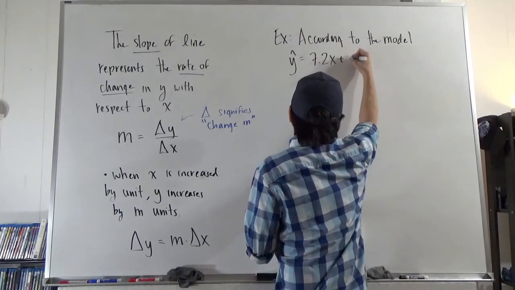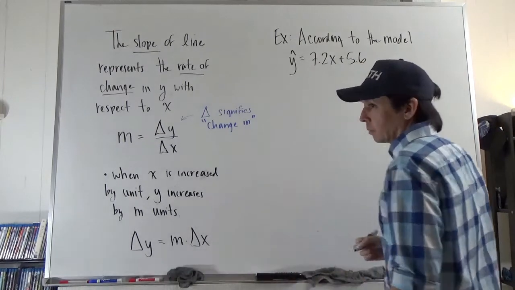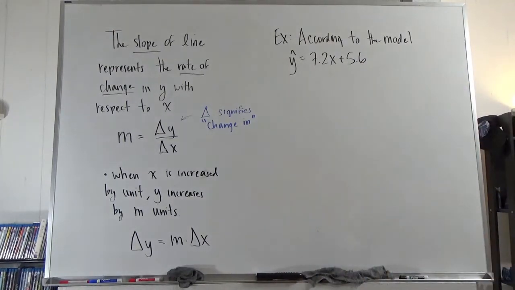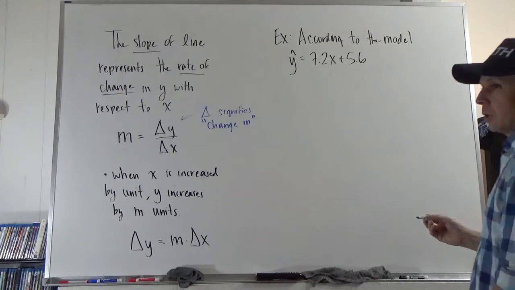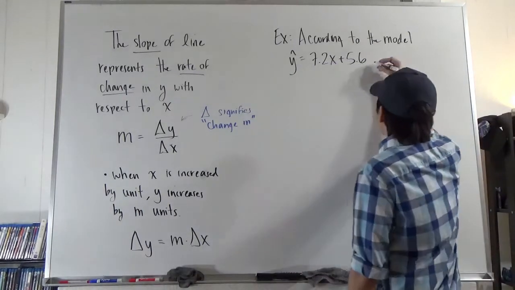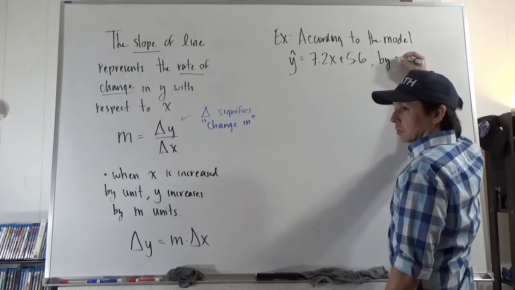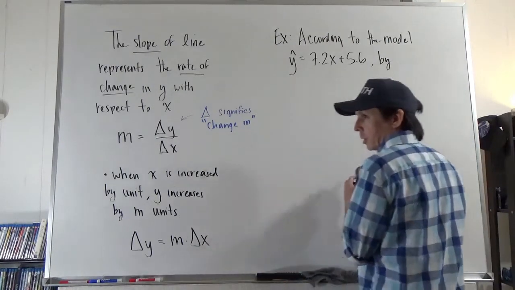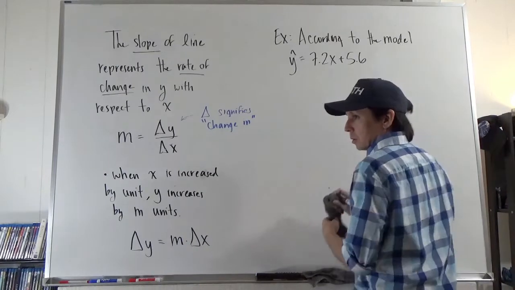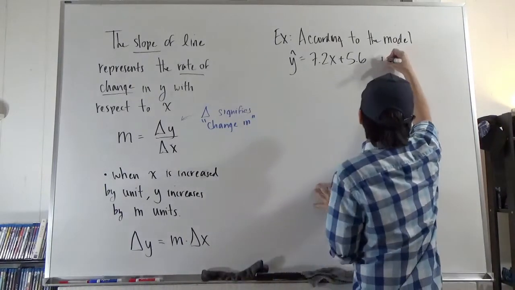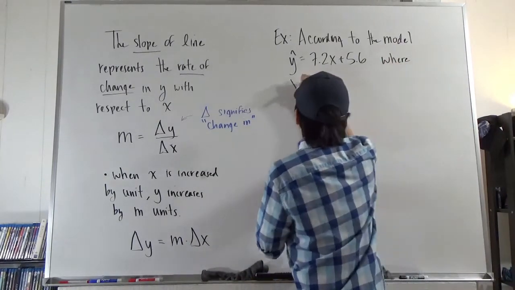And our example is going to be that model that we used to model the growth of that kid. According to the model from the previous example, let me actually write it all up.